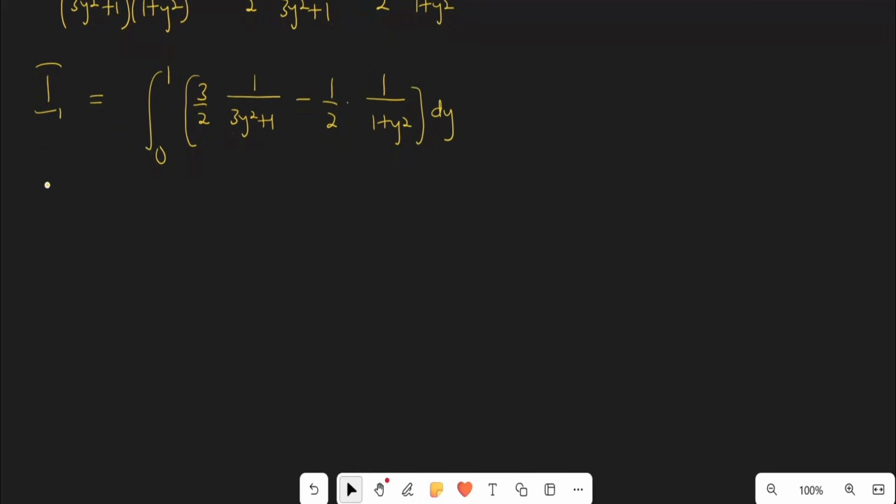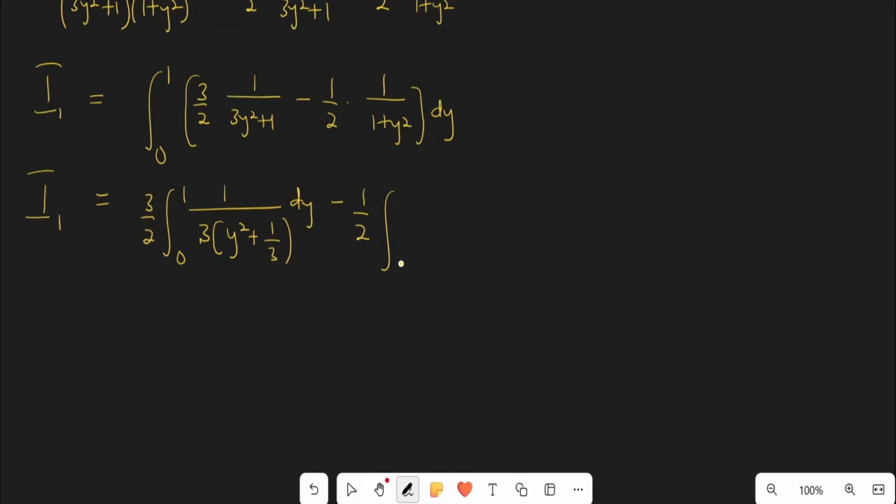Now let's split this one into two different integrals. I1 is going to be equal to 3 over 2, the integral from 0 to 1 of 1 all over, here I'm going to factorize 3 out, and that is going to be left with y squared plus 1 over 3, like this. This is the first one, and the second one is minus 1/2 in front, the integral from 0 to 1 of 1 over 1 plus y squared.